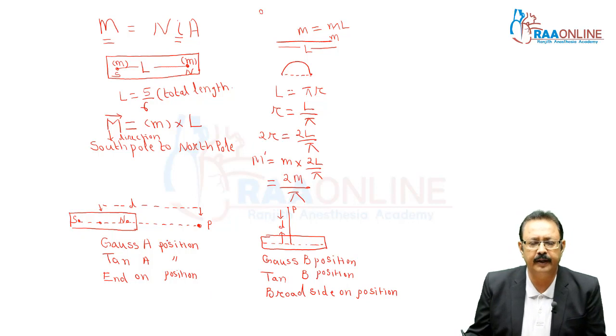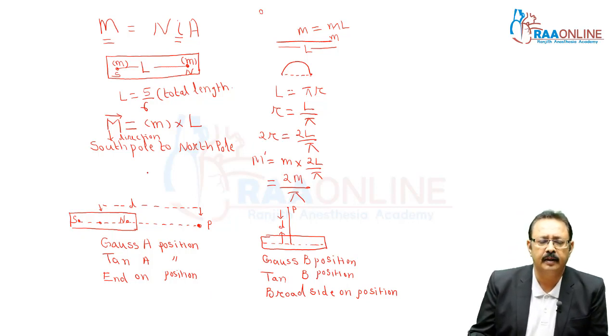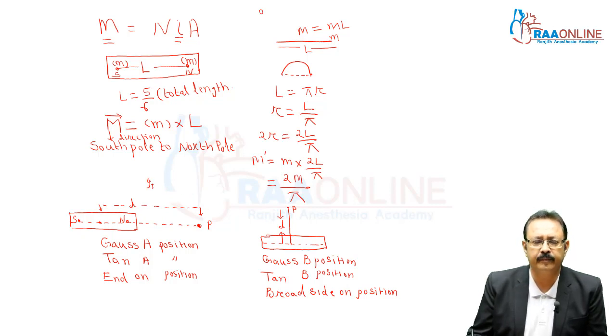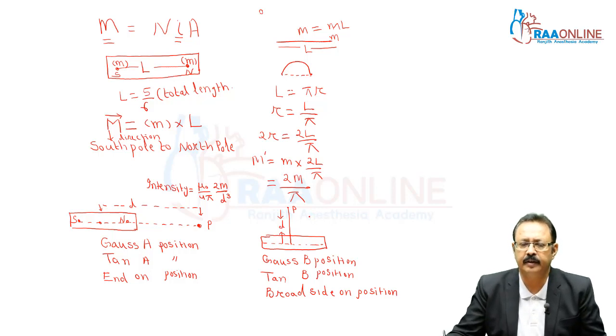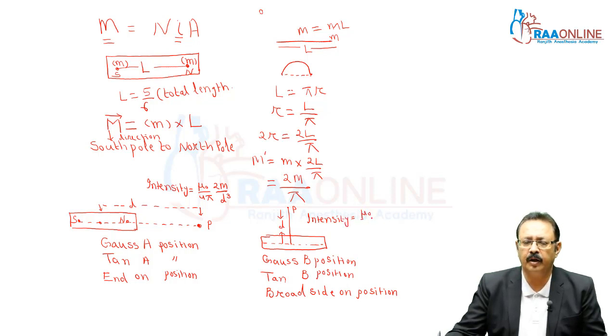And the intensity of the magnetic field at this point, in this position, is mu naught upon 4 pi, 2M upon d cube, and at this point, the intensity is mu naught upon 4 pi, M upon d cube.